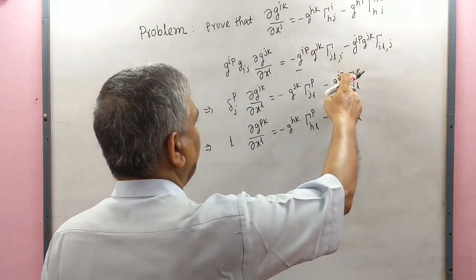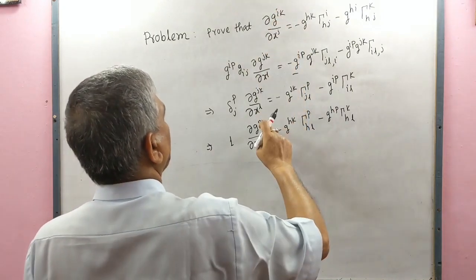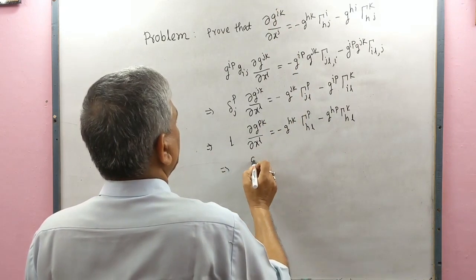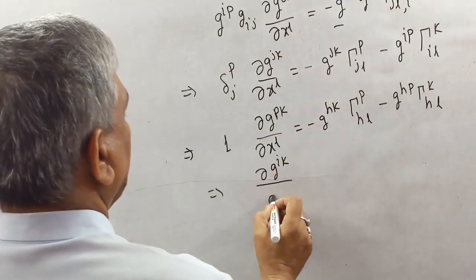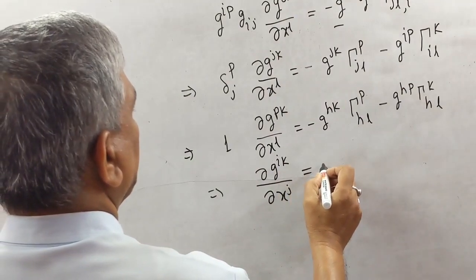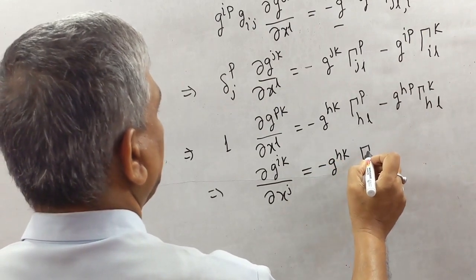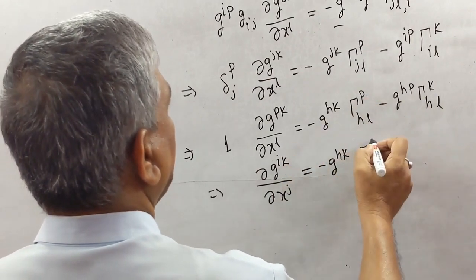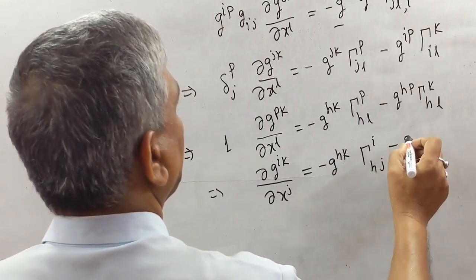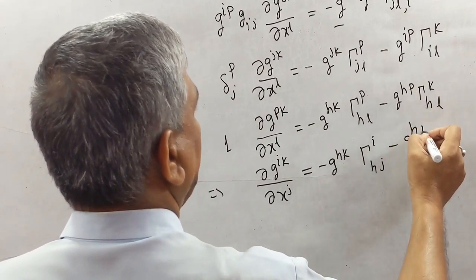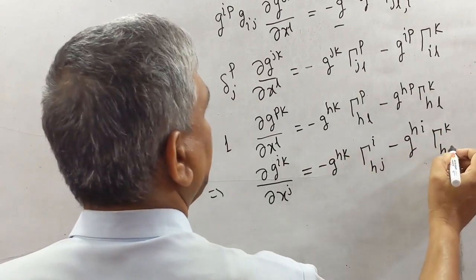So in place of i we write h, in place of p we write i, and g_ik, in place of l we write j, equal to minus g^hk, Christoffel symbol, in place of p we have written i, [hj] minus g^h, in place of p we write i, Christoffel symbol {k, h}, in place of l we have written j.